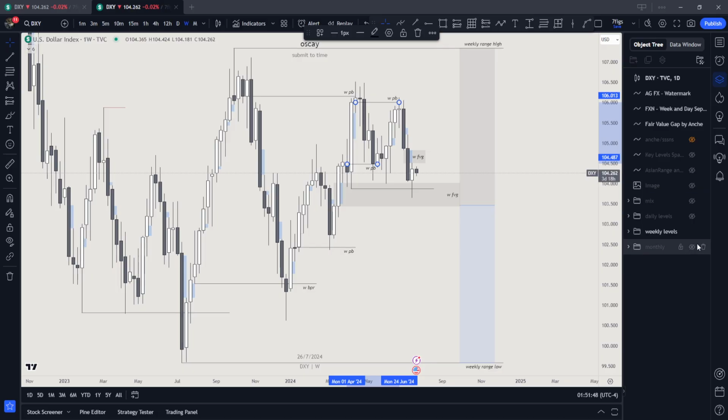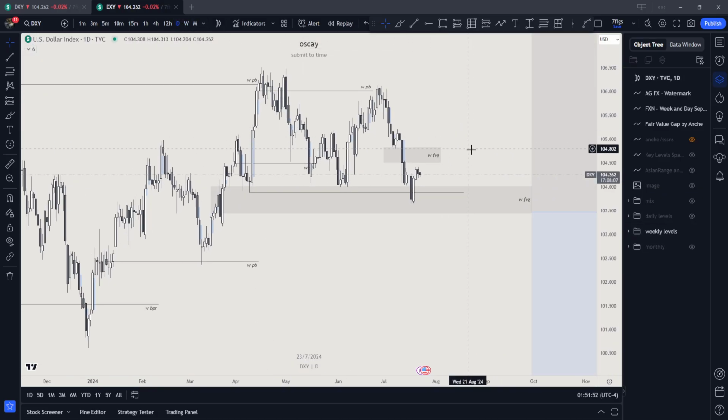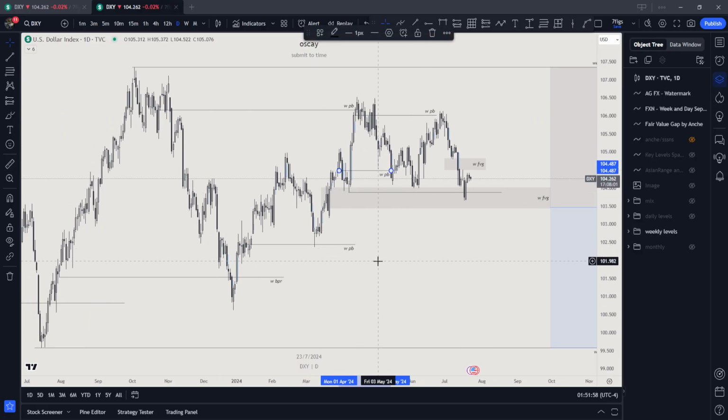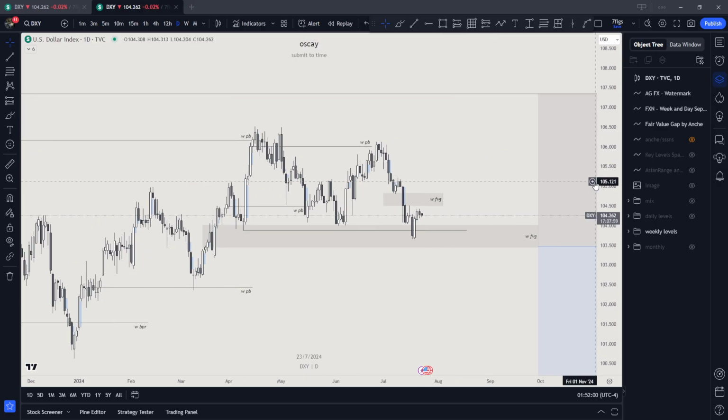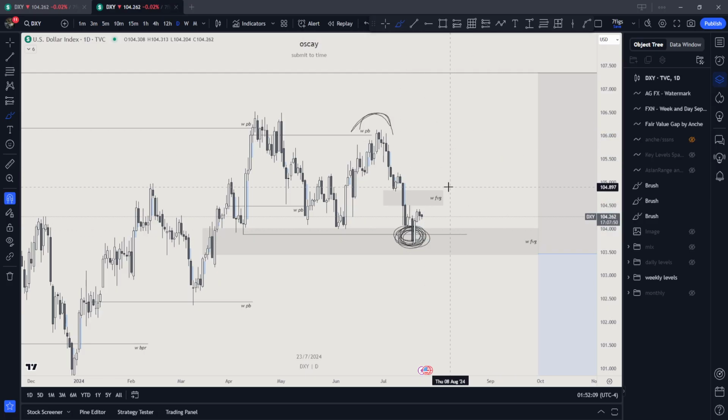Let me drag this in here. Let's watch the daily levels. So now, after we've done all that, the daily becomes clear as well. Like the logic of why this push down to then potentially mitigate a discount array to then continue up, for example.